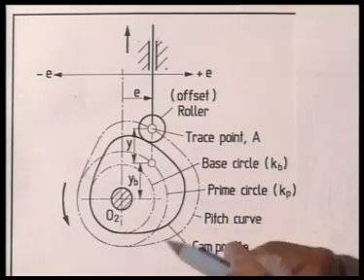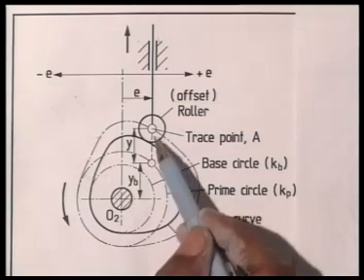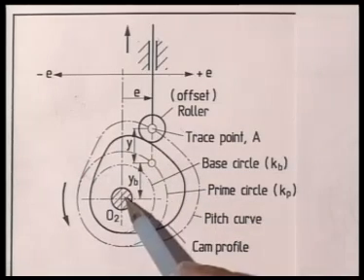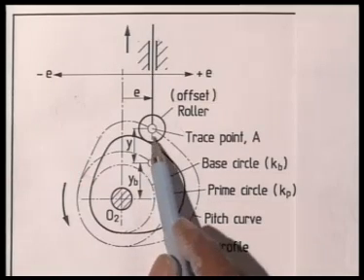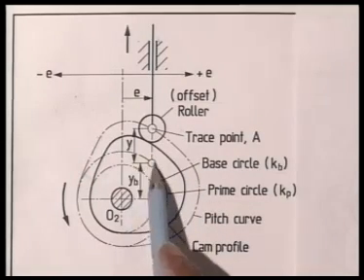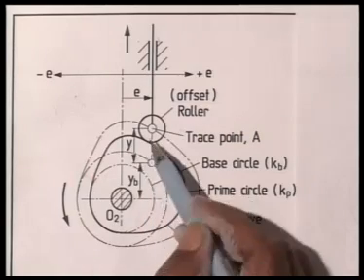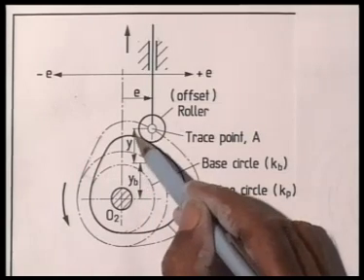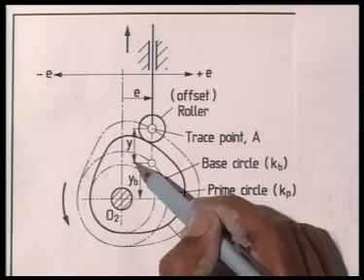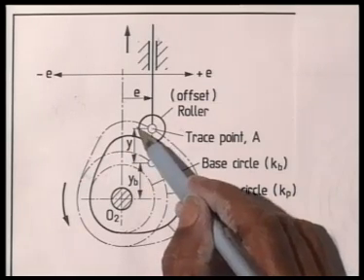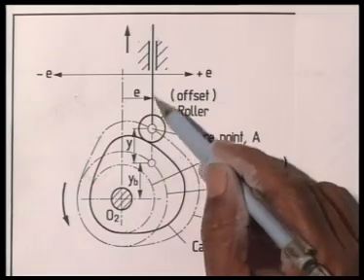It can never get into the prime circle because then the roller will get into the base circle. The movement of the follower is measured from this lowest level. So this distance y is called the displacement of the follower. Y is always positive. It starts from here, goes up and comes down.